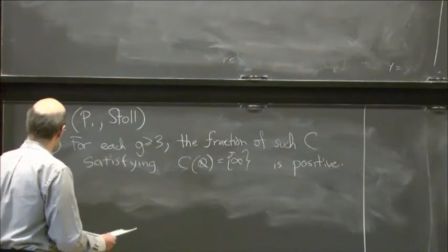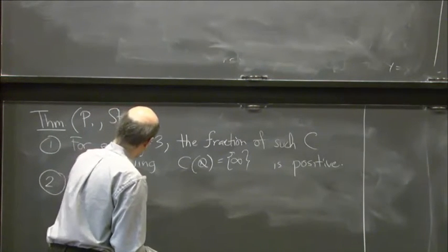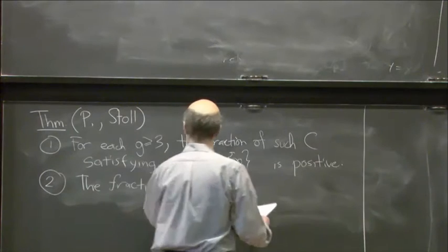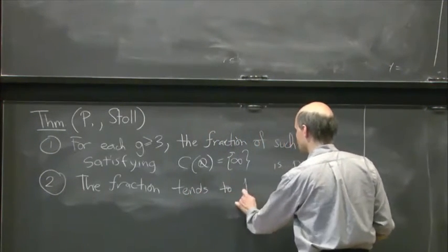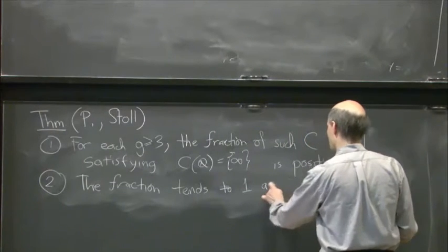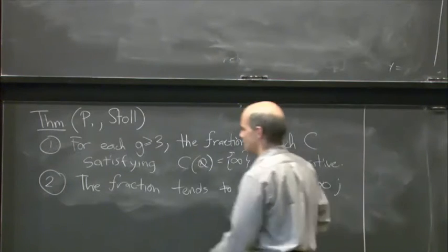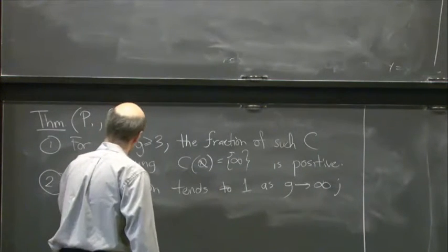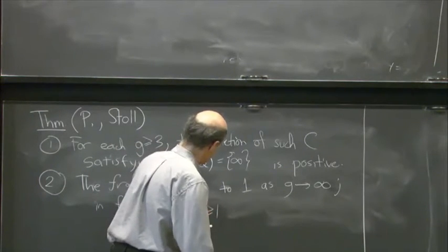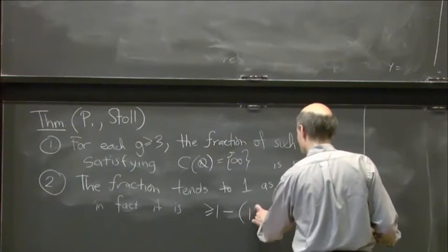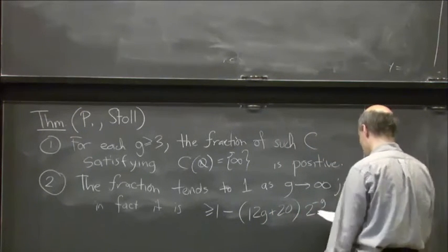Also this fraction tends to 1 as the genus goes to infinity. In fact, you can make this quantitative: it is at least 1 minus (12g plus 22) to the minus g.